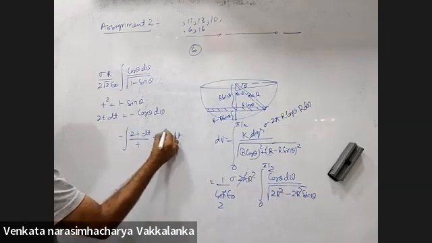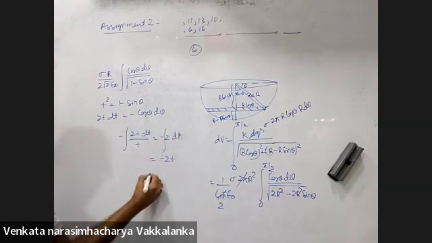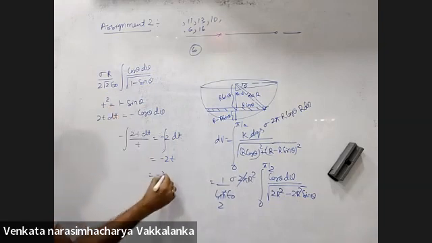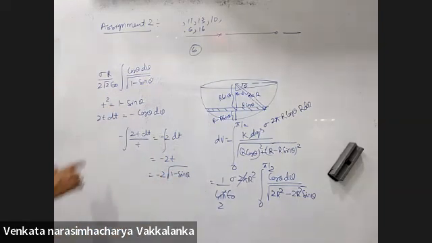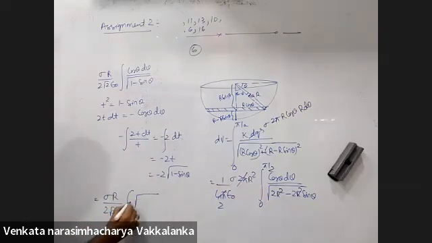Minus 2 dt is the integral. Minus 2t. Minus 2. What is t? Root over of 1 minus sin theta. So when I substitute here, sigma r by 2 root 2 epsilon naught. This is root over of minus 2 1 minus sin theta.